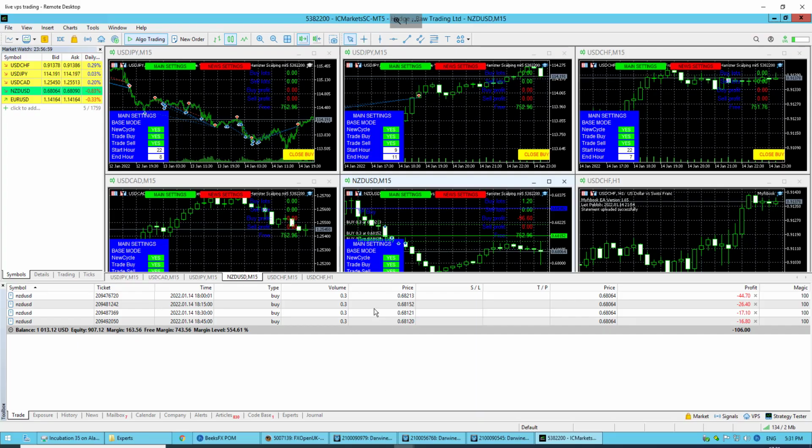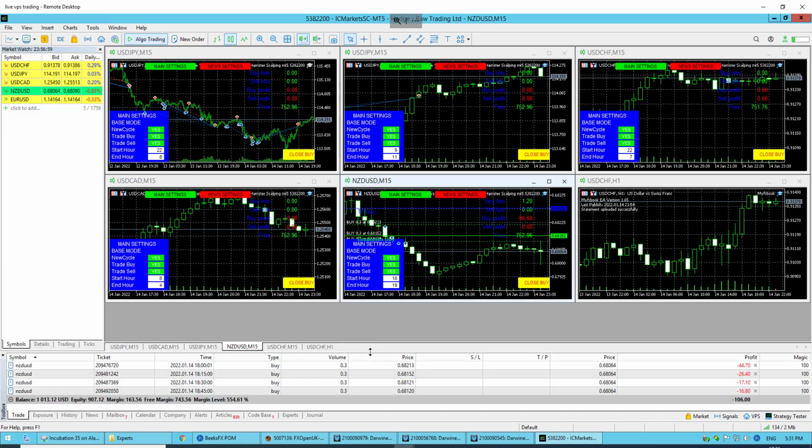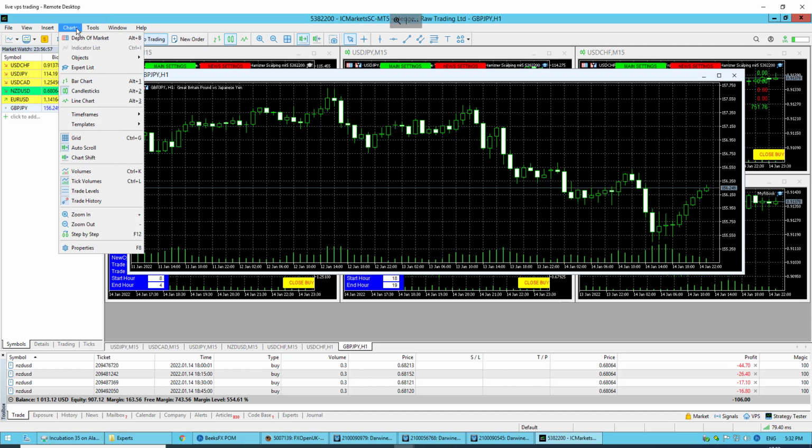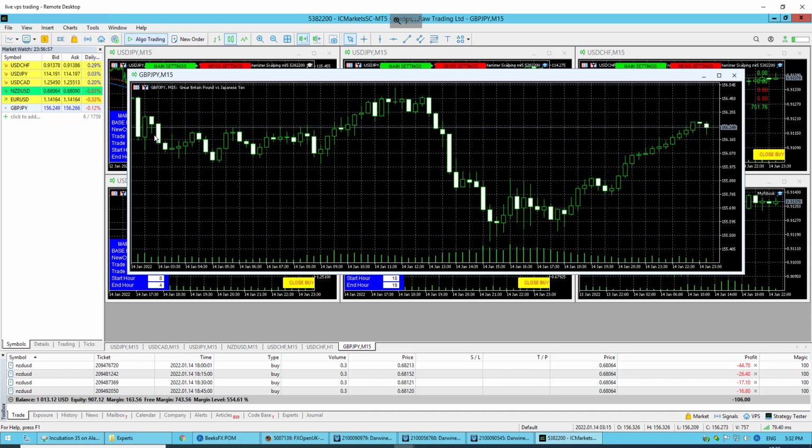Okay, so here we are. I'm just going to move this down, and I am going to add GBPJPY on there here. Oh yeah, time frames, 15 minutes.